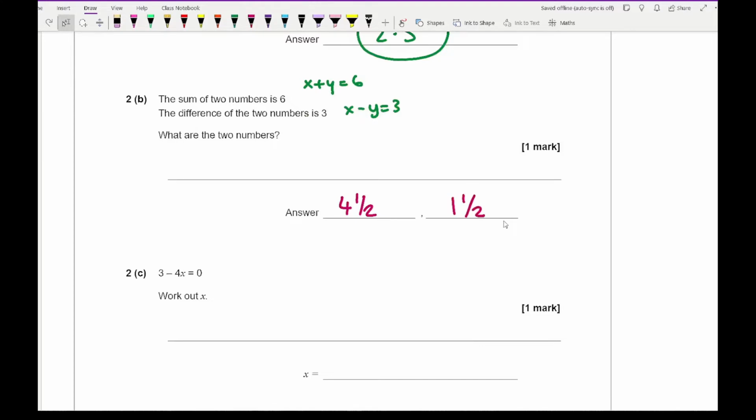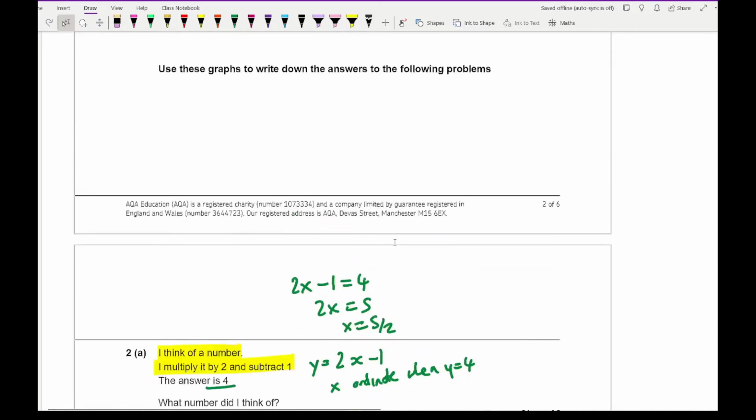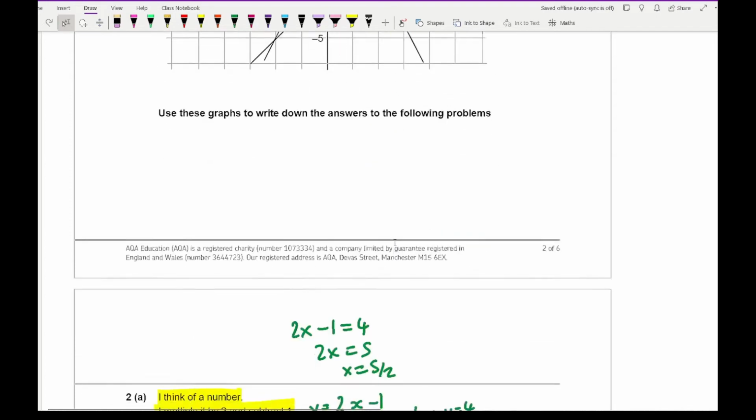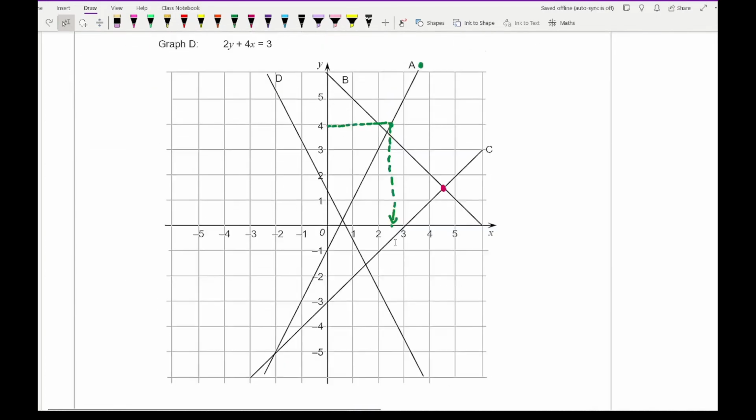For question 2c, it says 3 minus 4x equals 0. Again, what I'm looking for is a graph that resembles that, which is going to be graph D, I would say, in terms of 4x and 3. Any others?